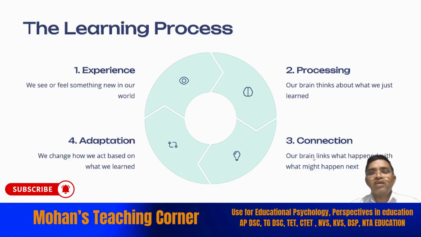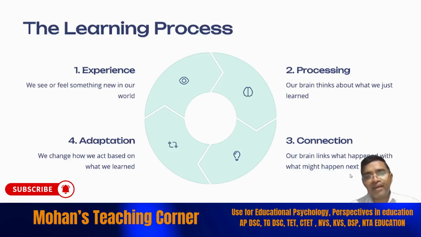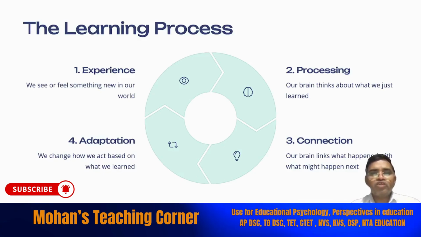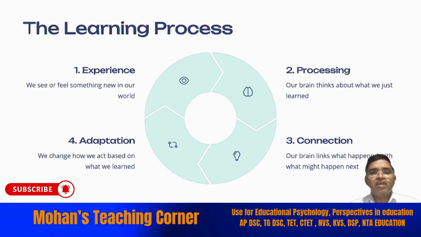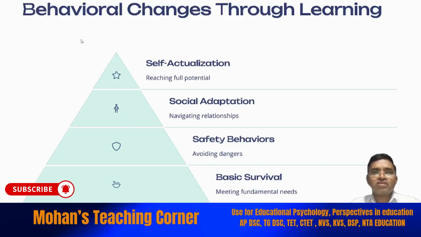Then connection. Our brain links what has happened and what might happen next. Then adaptation. We change how we act based on what we learn. If you want, you can take this screenshot. Experience through eyes, processing through the brain, and then we adapt next time. This is the learning process.